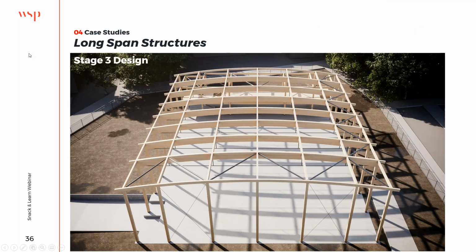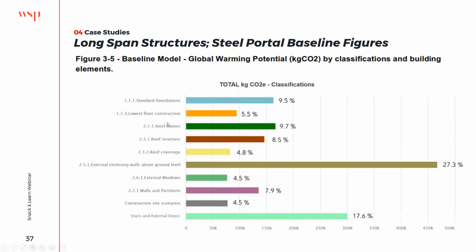So this was a stage 3 design that we came up with, a bowstring truss solution. We've incorporated steel bracing in the roof and in the elevations, but there's no reason why that couldn't have been Glulam too. So this is a sustainability, or whole life cycle carbon, analysis of the baseline, which is the portal frame solution, identifying the carbon hit of each of the elements.